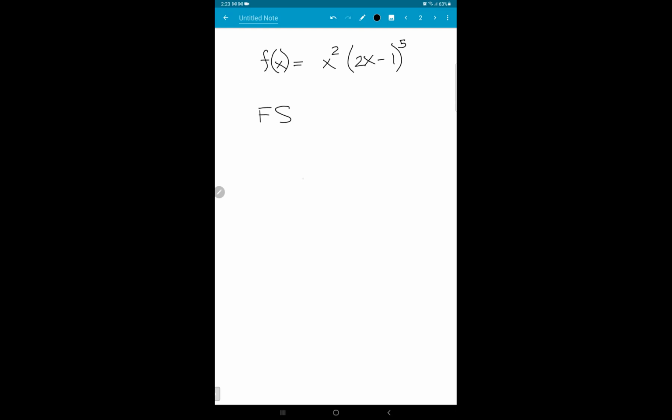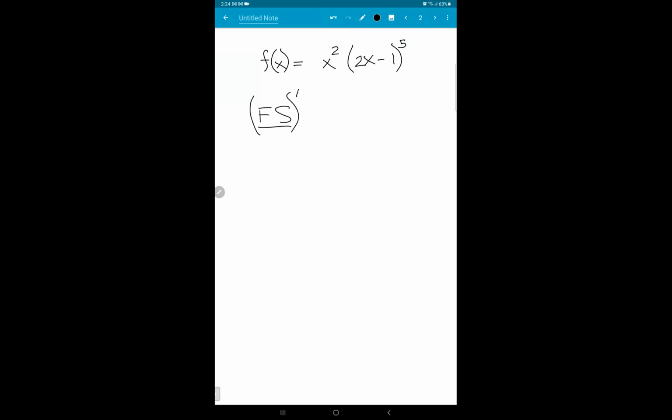Say function capital F and function capital S. Now, we denote the derivative by putting a prime, or they call this apostrophe, or we just read it as prime. So we read that as (FS)', meaning the derivative of the product.